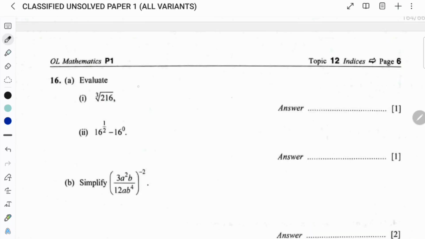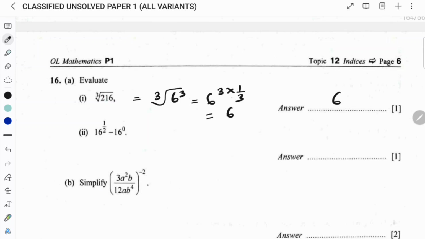Now look at this one, cube root of 216. We know that it is 6 cube. So cube root of 6 cube, 6 power 3 into 1 over 3, that is equal to 6, answer. Next, 16 to the power half minus 16 to the power 0.